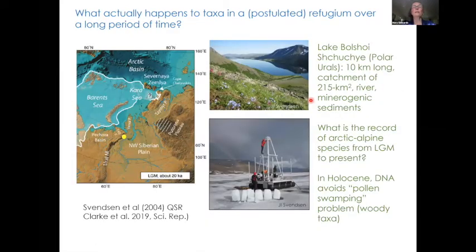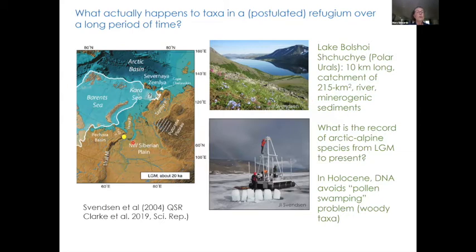And my second example: what actually happens to taxa in what is a postulated refugium over a long period of time? Von Humboldt, of course, went quite a long way into Siberia in one of his journeys. He crossed the Urals near Ekaterinburg and traveled further eastwards into Siberia. He didn't get as far north as this.